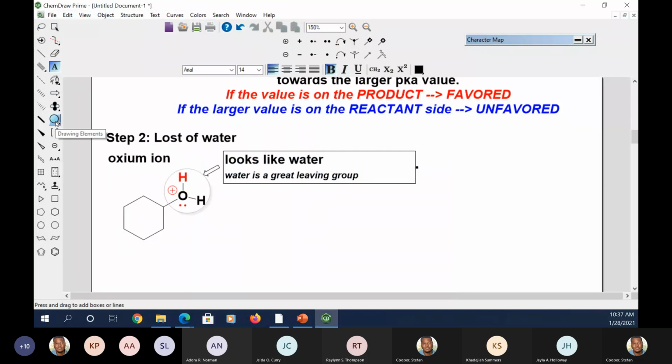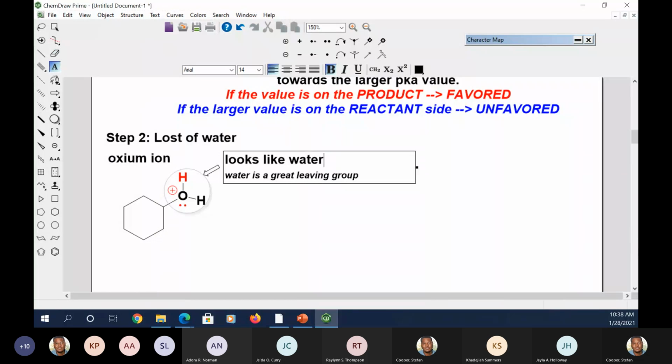So no different if this is the regular halide that you guys had last semester. If I had bromine here and I actually do an E1 mechanism, what's the first thing you would do? Knock off the leaving group. You will make the leaving group leave. So the only difference with a dehydration reaction is what? First, I need to form what? First, I protonate to form water, and then water becomes my leaving group. Bingo.